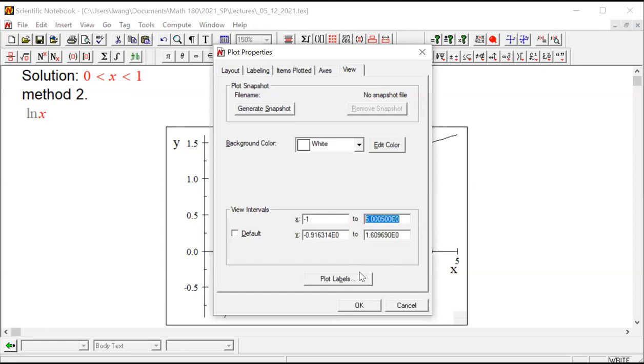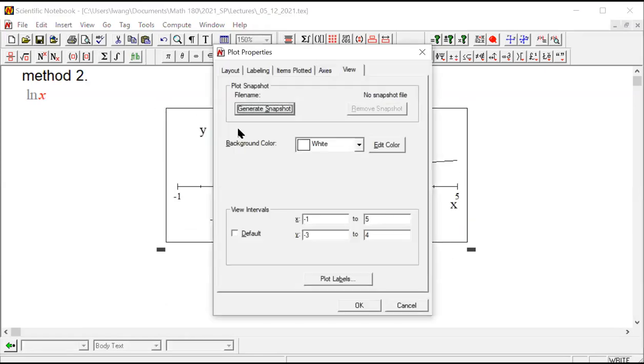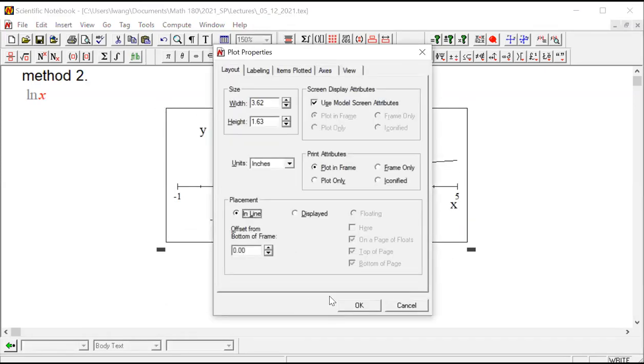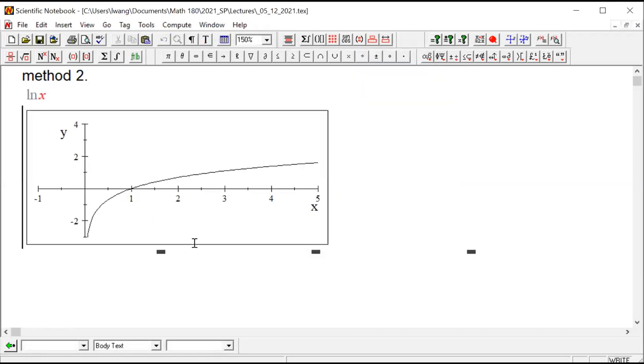That's the picture. There we go. So what we want is ln x less than 0. That's what we want. We want the output to be less than 0.